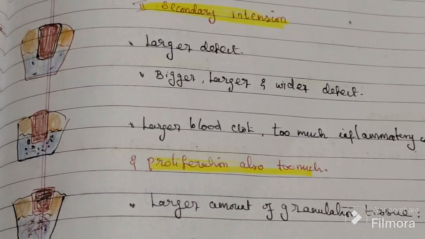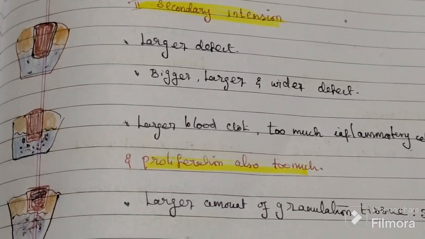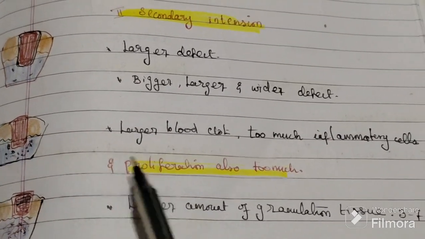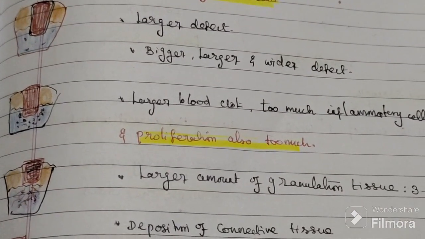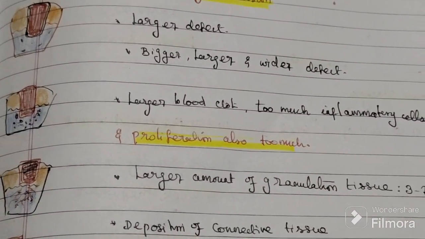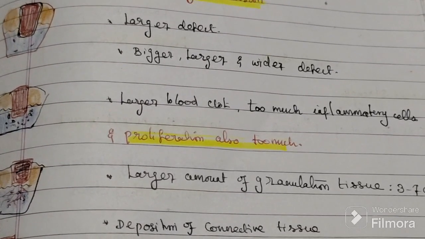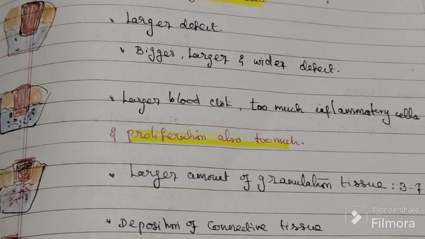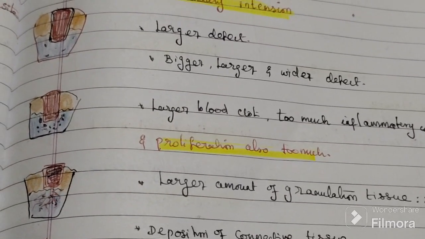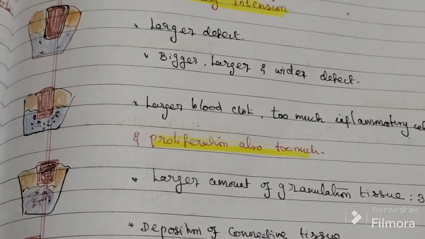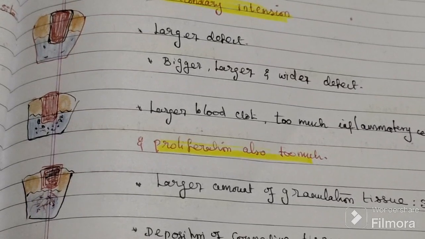As in primary intention, the cells start proliferating and migrating towards one another, approximating and covering, but of course this might take more time if there is ongoing inflammation or infection.